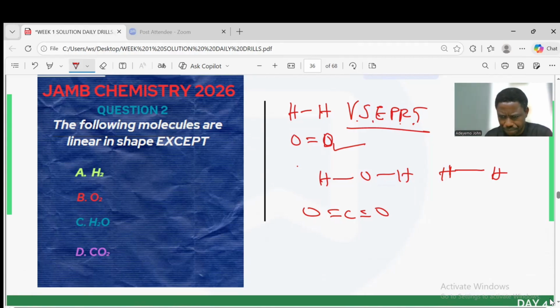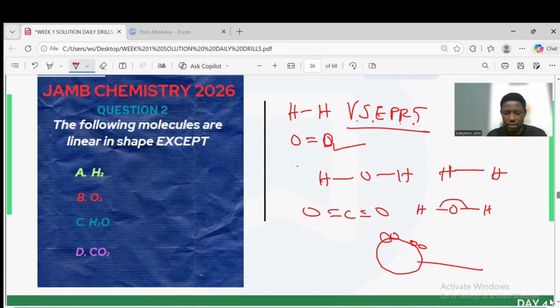Now look at water. Water is supposed to be able to stay as far apart as possible like this as well. But something is coming into play here. I drew the water for you. Oxygen has two lone pairs of electrons. Then we have hydrogen. I'm representing this lone pair like this so that it looks like one.